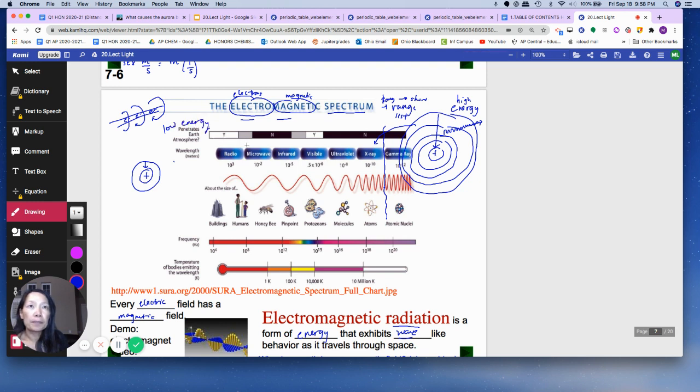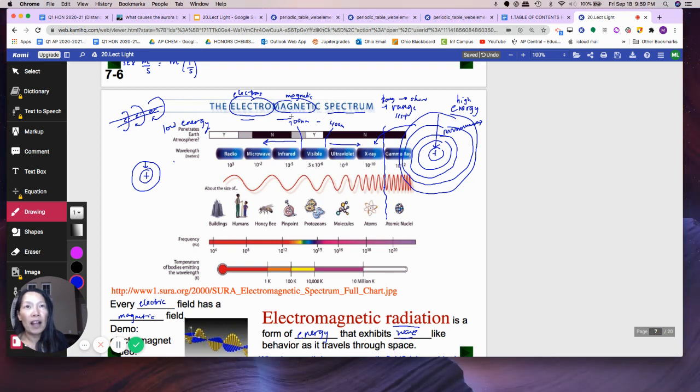Okay. Over here in the visible, all of these from here to the left, you cannot see, they're invisible. Here to the right, you can't see them either, they're invisible. Over here is the only visible, and that comes from a certain wavelength, about 700 nanometers to about 400 nanometers are the waves that you can see.